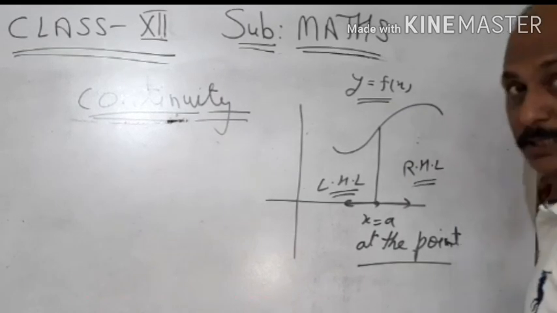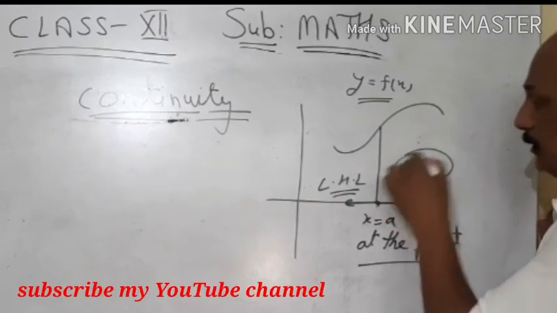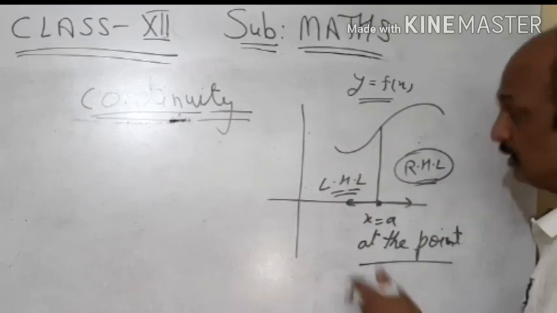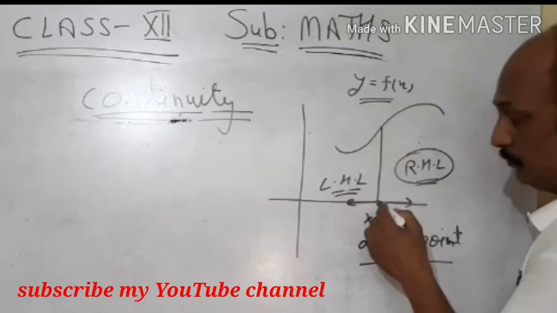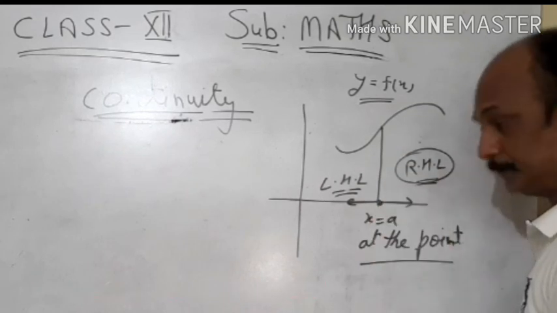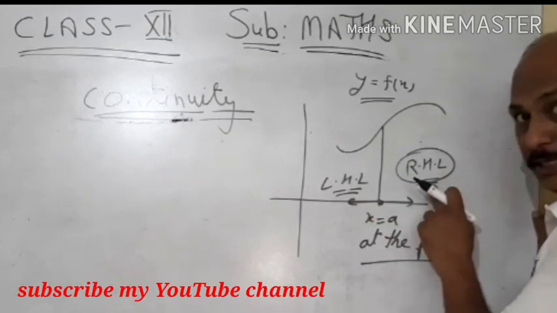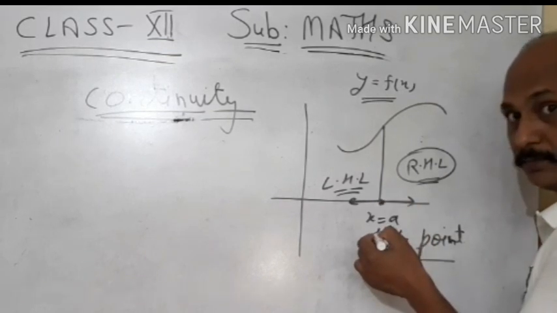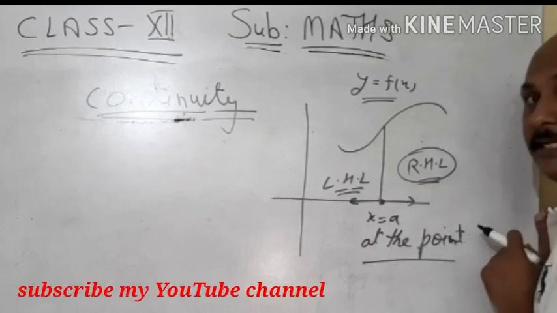Okay? What is the meaning of RHL? What is the meaning of LHL? Left hand limit from the given point means LHL, we vary from the given point to the left hand side, and for RHL we vary from the given point to the right hand side.